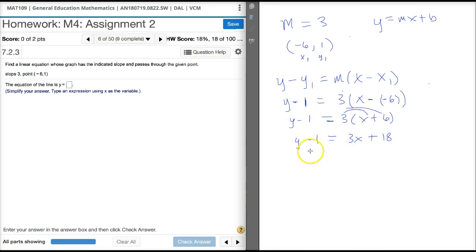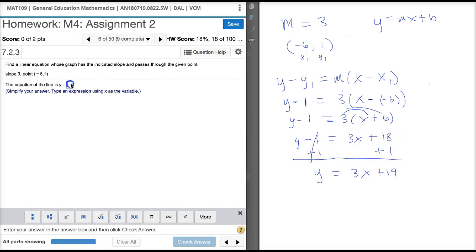Bring down the y minus 1, and then we just add 1 to both sides. Negative 1 plus 1 is 0. 0 plus y is y. And we end up with 3x plus 19, because when we add 18 and 1, it gives us 19. So just like how we did on the last problem, we see that our answer here is just y is equal to 3x plus 19.